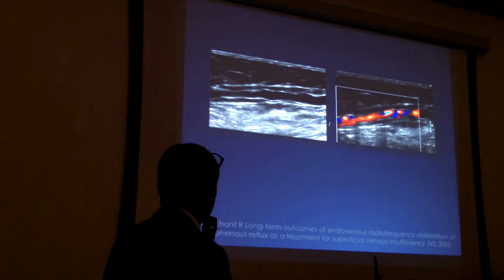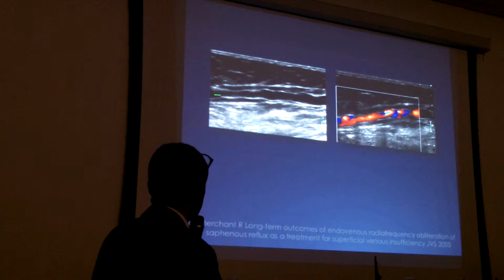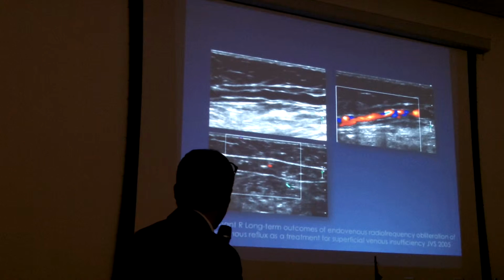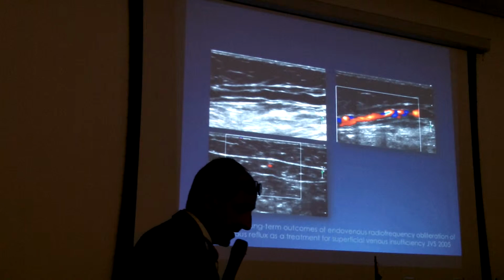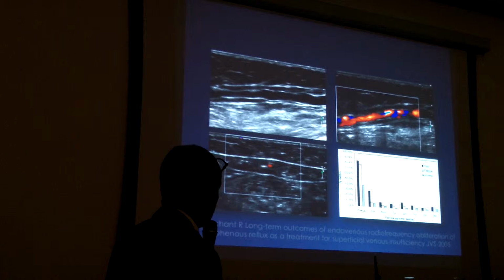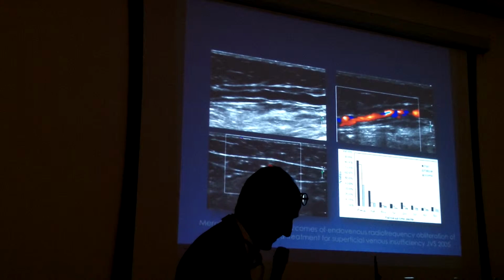Usually, if there is a reopening of the trunk after thermal treatment, the reflux is not so important. You see here a very small reopening. And we have demonstrated that even if there is a reopening, the clinical success is still there.